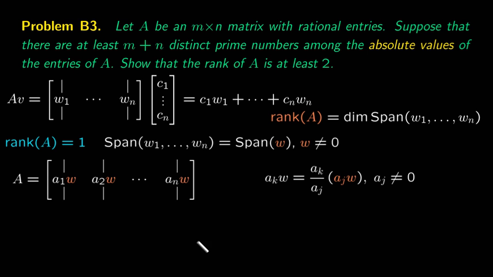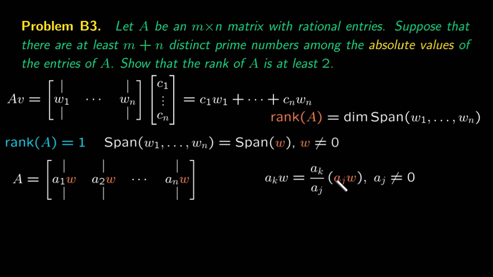And here I'm trying to argue that if everything is generated by this little w, you can rearrange it so that one of the vectors will eventually also generate the same thing. If you look at it here, what I'm trying to say is that each of these A_k w, where w is a generator, can be rearranged so that A_k w is also a scalar multiple of A_j w.